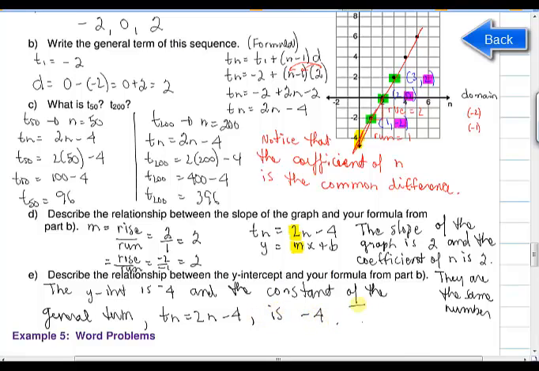They are the same number. So your y-intercept of your graph is the same as the constant of your general term.